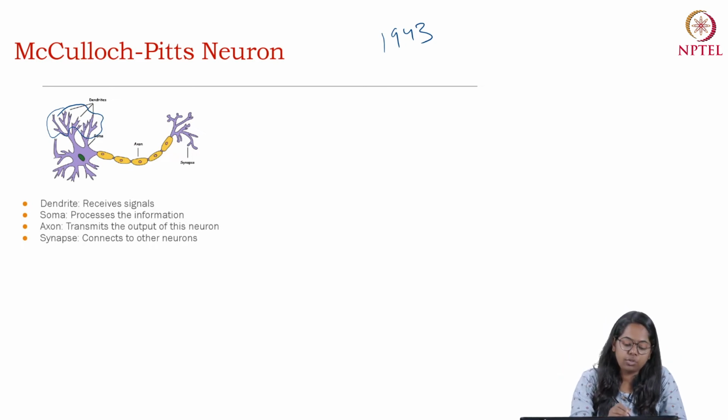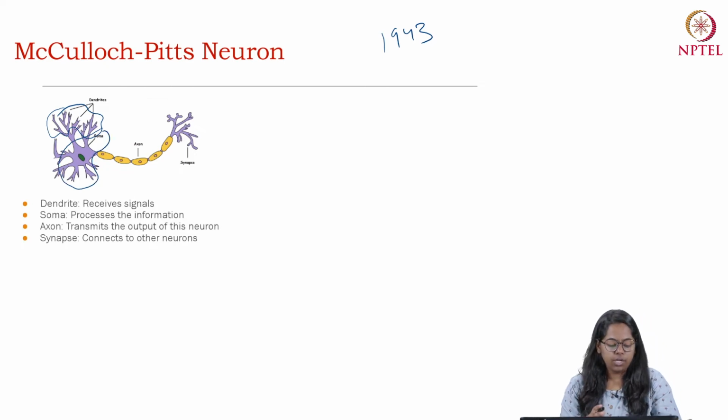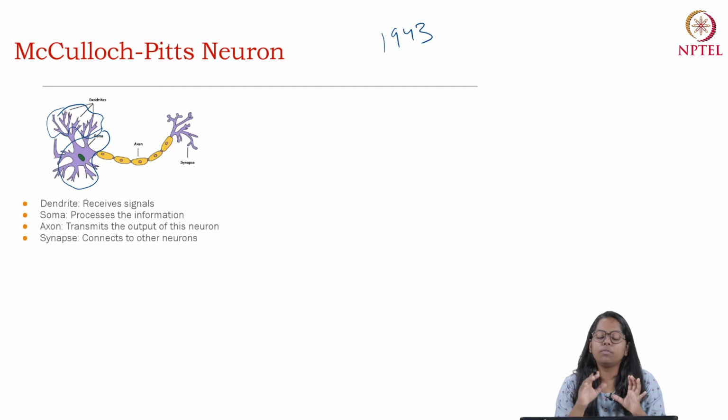Then we have the soma, that is the body of the neuron, which processes the information received by the dendrites and comes up with the decision whether this particular neuron should be fired or not.